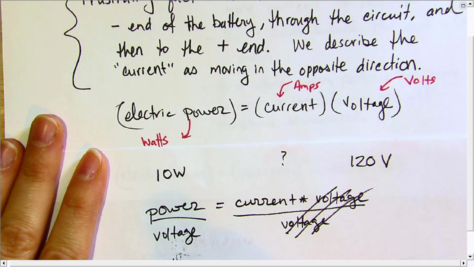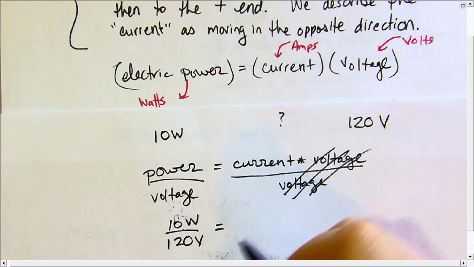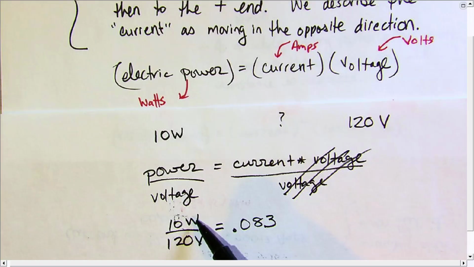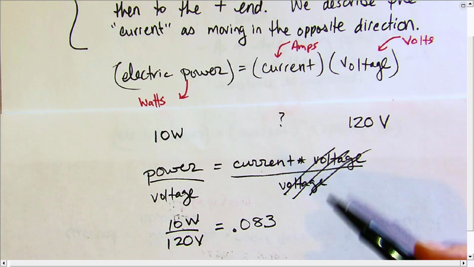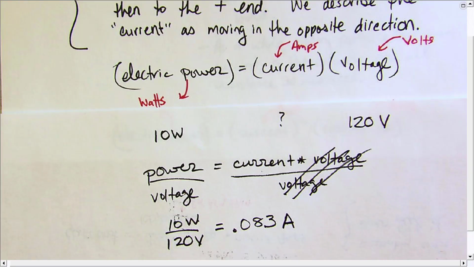So the power was 10 watts, divided by the voltage of 120 volts. And I get 0.083. I was doing watts, which is SI units, divided by volts, which is SI units, and now I'm getting a current, which is in SI units, and we call that an amp. So 0.083 amps going through my LED light bulbs when I turn on my lights in my house.